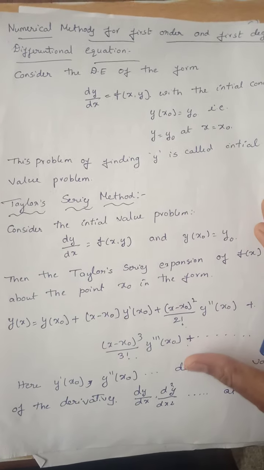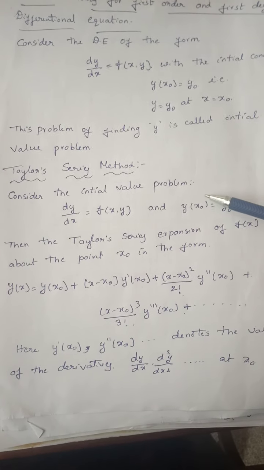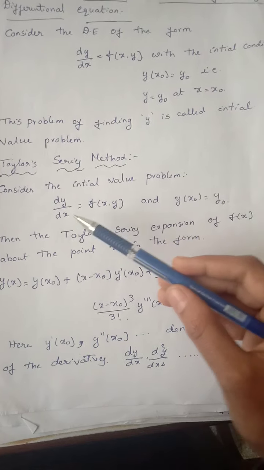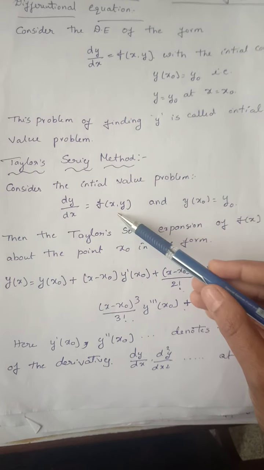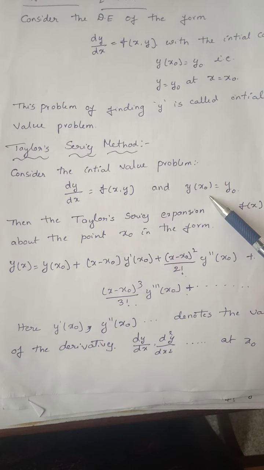The first method we are discussing is the Taylor series method. First consider the initial value problem like this. This is the differential equation and this is the initial condition given in the problem itself.